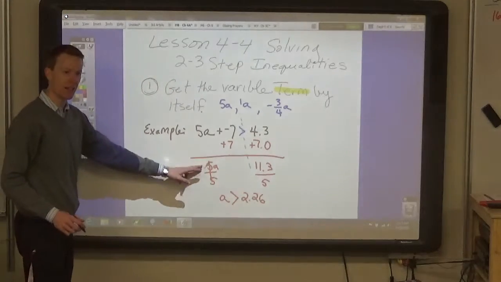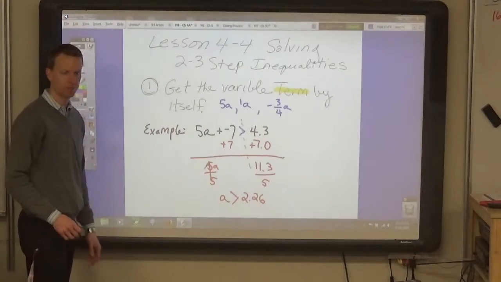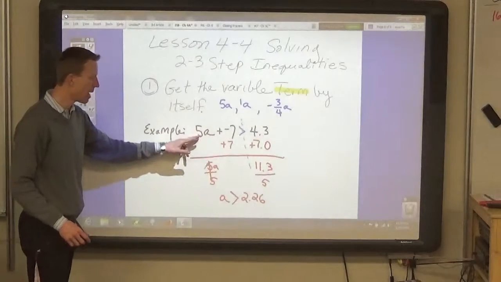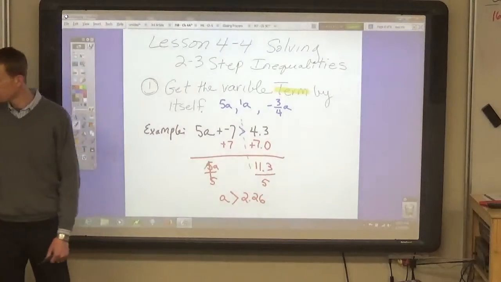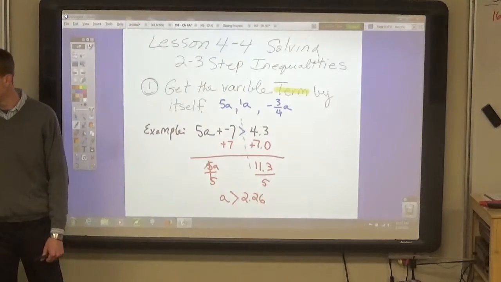If this was a negative, then we'd have to reverse the sign, right? But it's not. 5a is positive, so we don't have to reverse the sign. Okay? So we're just combining some of those steps.